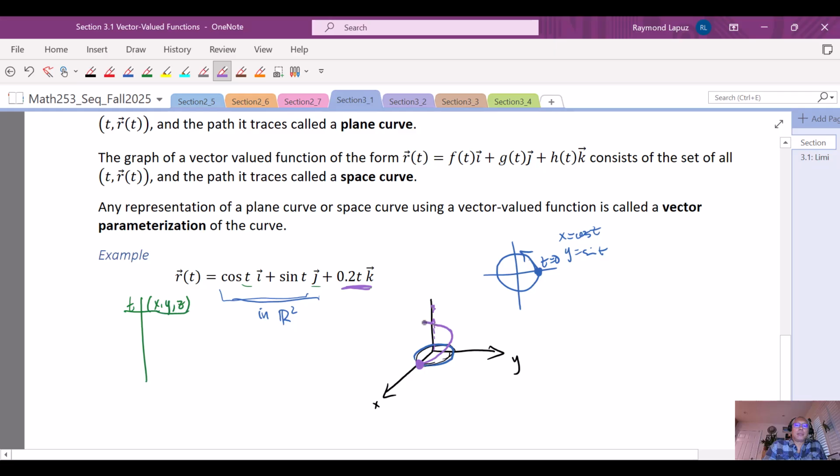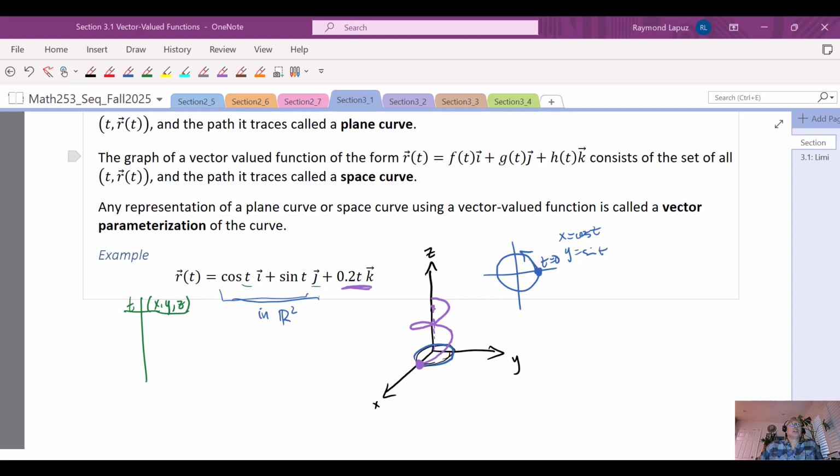Looking at it from the top, it looks like it's still drawing a circle, but if we look at it from a three-dimensional perspective, it's going up in the z direction. So we have what we would call a helix.